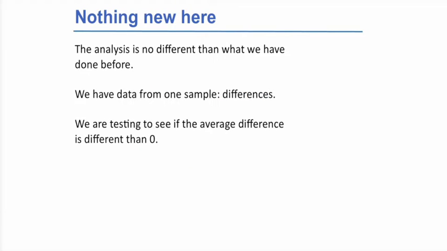So this is just like the one sample hypothesis test for a single mean. Now it's the mean of the differences, but it's still a one sample. And we're still testing to see if it is different from 0.